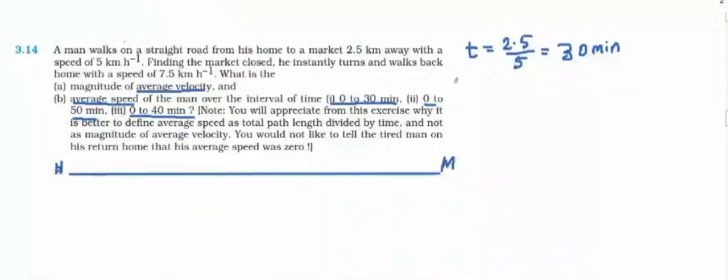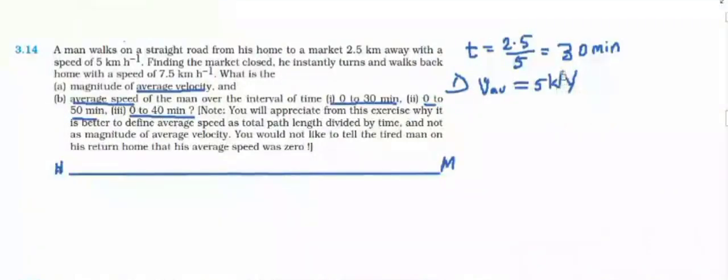So take our first case, 0 to 30 minutes. That means he travels from home to market. When he travels from home to market, it is just a straight line motion. Average velocity is already given. He is traveling with 5 kilometers per hour.